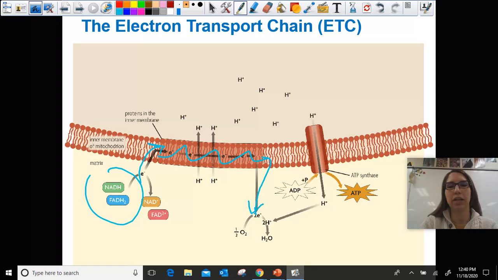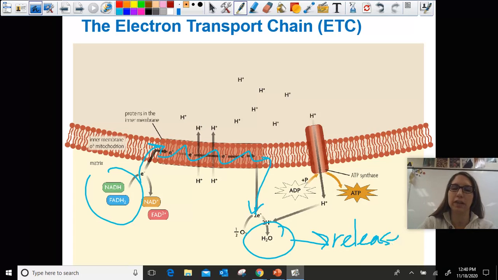And as they reach the end of this ETC, those 2 electrons have to go somewhere. They can't just float and be by themselves. Where they end up going is to this half of an oxygen, to one single oxygen atom. And with the help of hydrogen ions, we're going to create water, which then gets released, right? It's just like a waste product that can be released as a result.